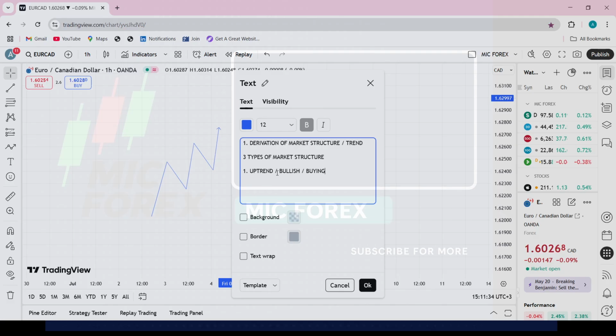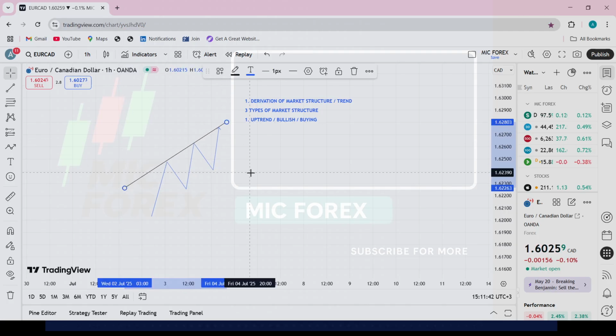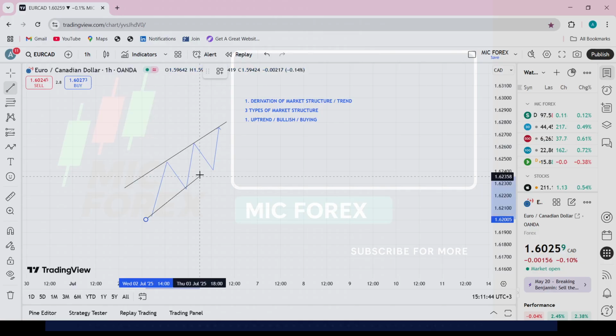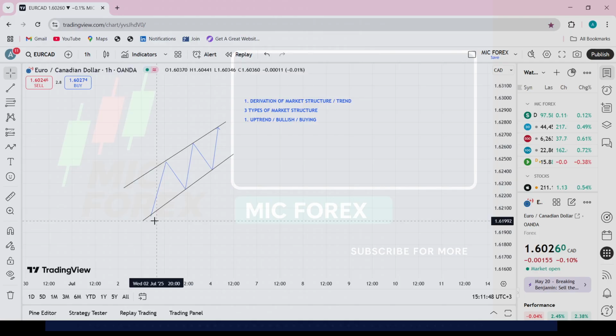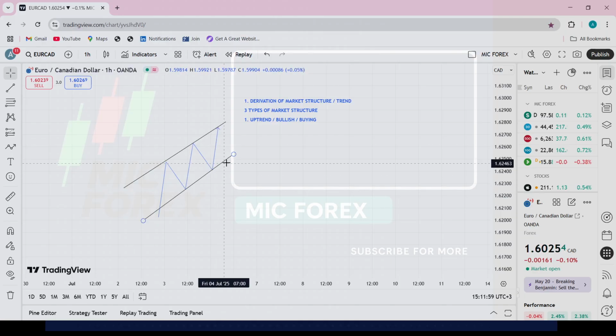When I say buying, I don't mean that there are no sellers, but in the long run you'll see that the price is really bullish. However, we have some scenarios whereby the price still moves down, but it is being overpowered. The direction in the market is uptrend. Are you understanding? Uptrend.